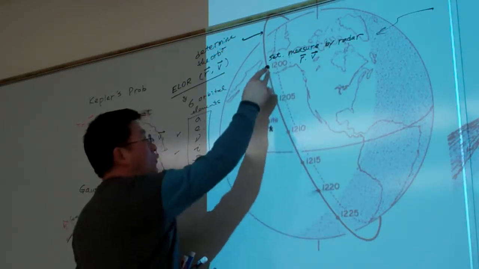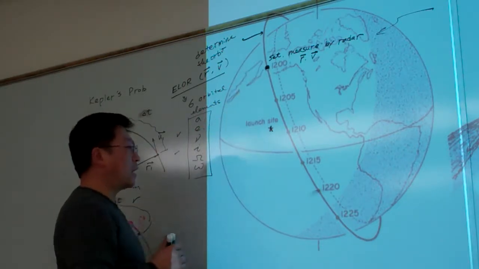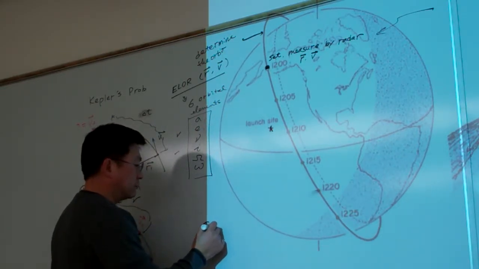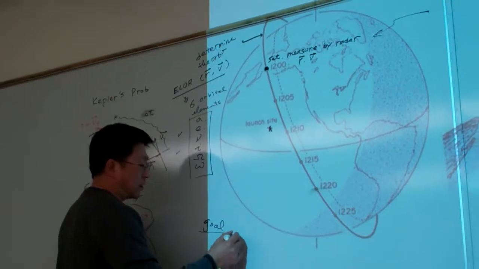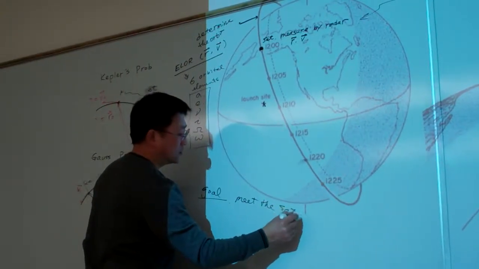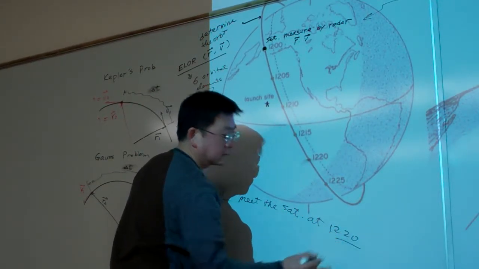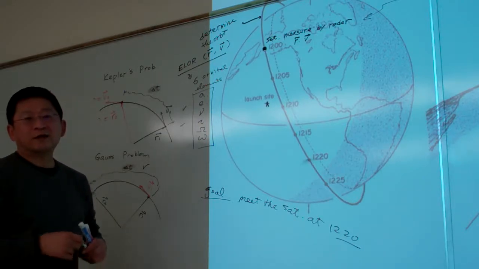Say right now at noon we know the satellite's position. Our goal is to meet the satellite at, say, 12:20. Okay, so that is our goal.